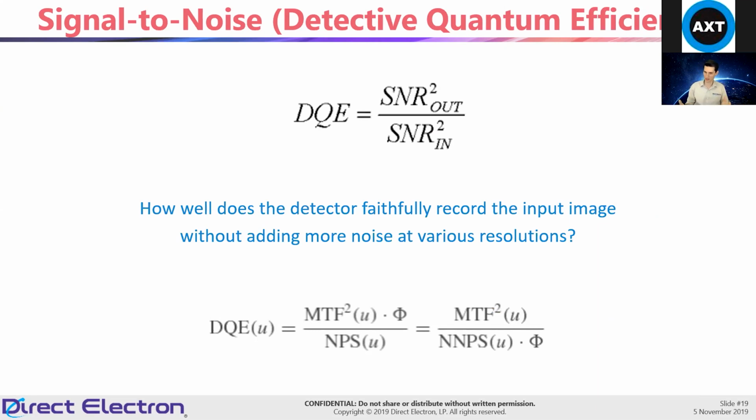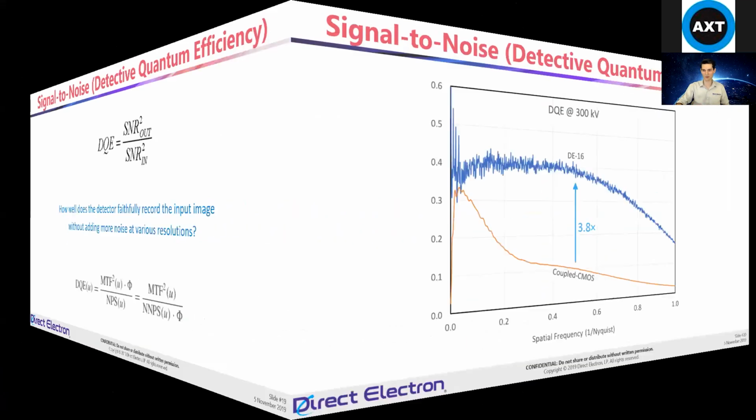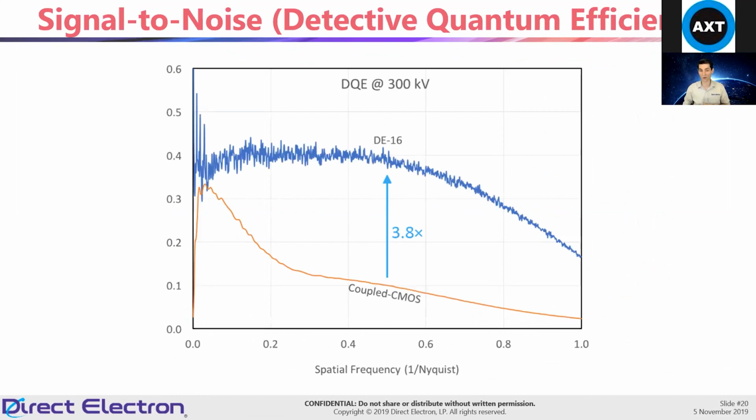There's also the noise power spectrum and various other things, but people will ask, what's the DQE? And this is a little bit about why that's important. Compared to a fiber-coupled camera, there's about a 4x increase, about 3.8, in the DE16 at 300 kV, and this is just in integrating mode. We'll talk a little bit about electron counting coming up.